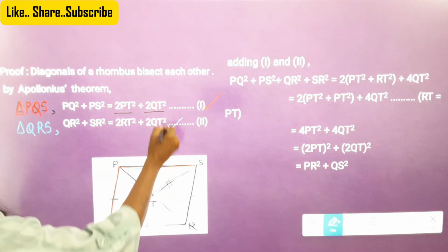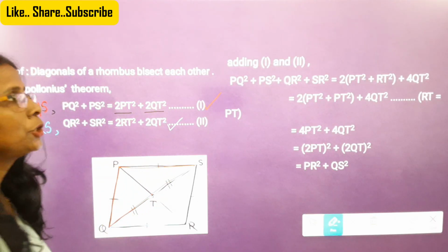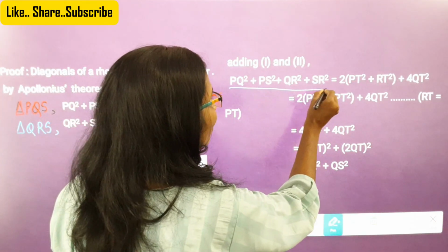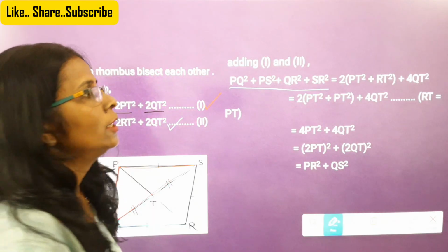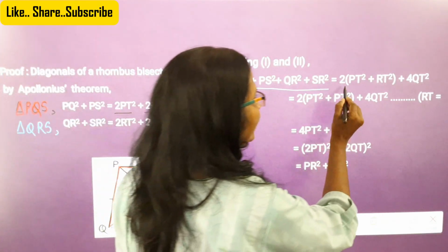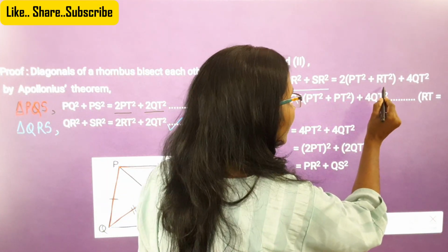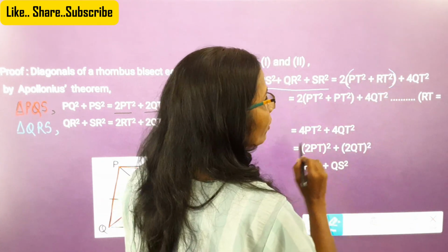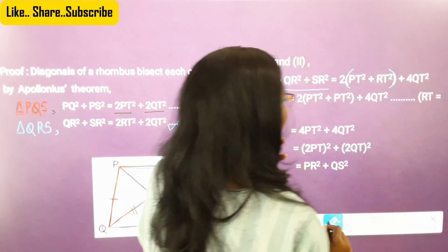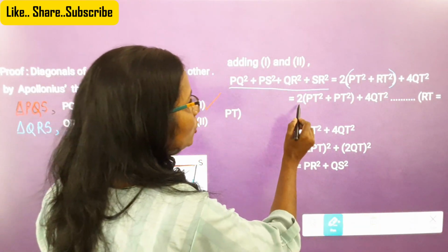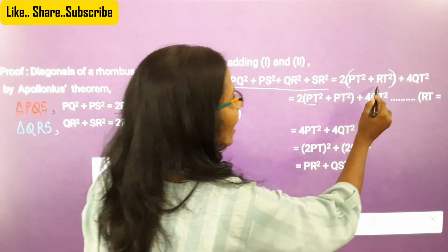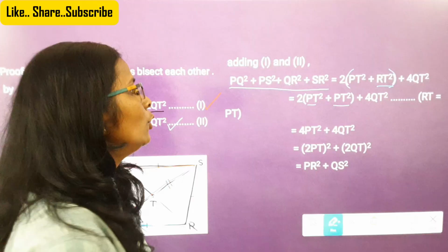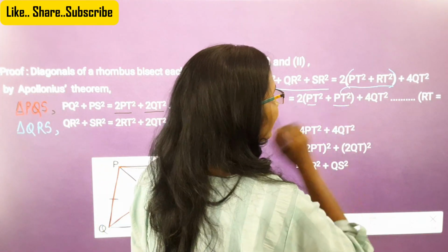Now adding these two equations, we have PQ square plus PS square plus QR square plus SR square, which is equal to 2PT square plus RT square plus 4QT square. Now RT square is nothing but PT square, since both the segments are equal, so we write it as PT square.